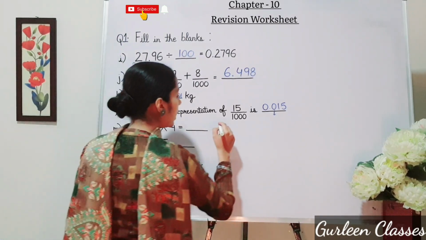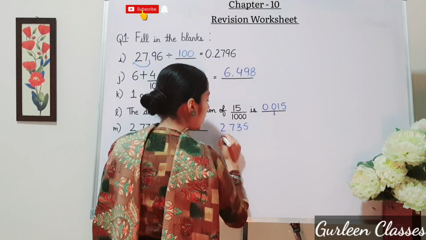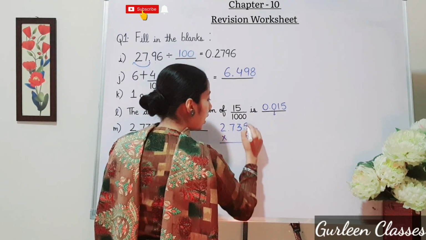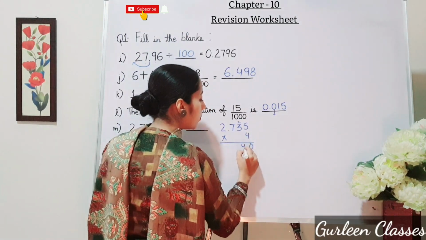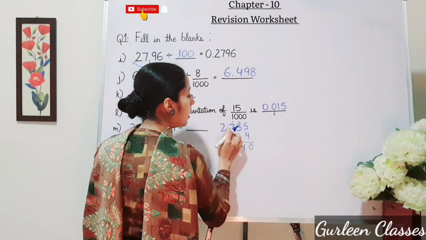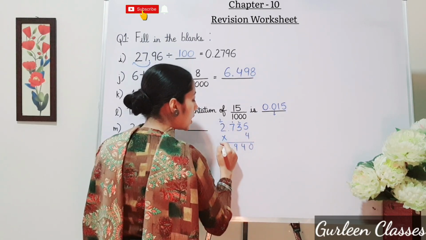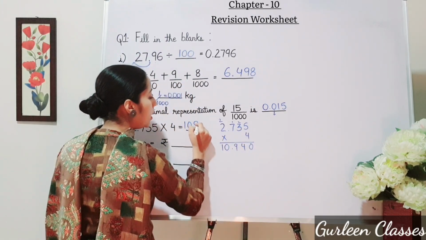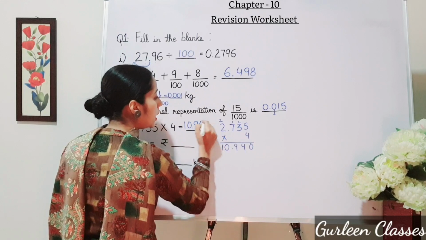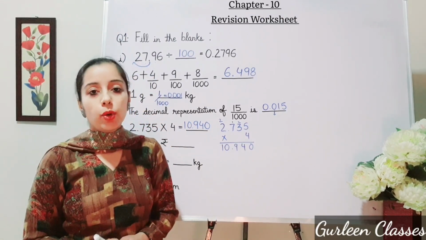So let us multiply this. 2.735 into 4. 5 fours are 20. 2 carry. 4 threes are 12, 14. 7 fours are 28, 29. 4 twos are 8, 9, 10. It is coming 10.940.